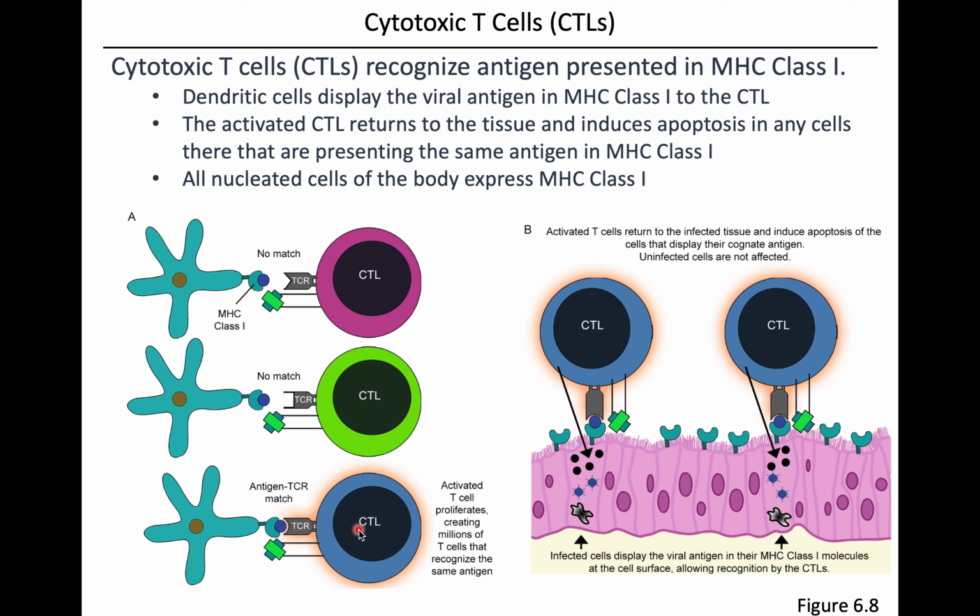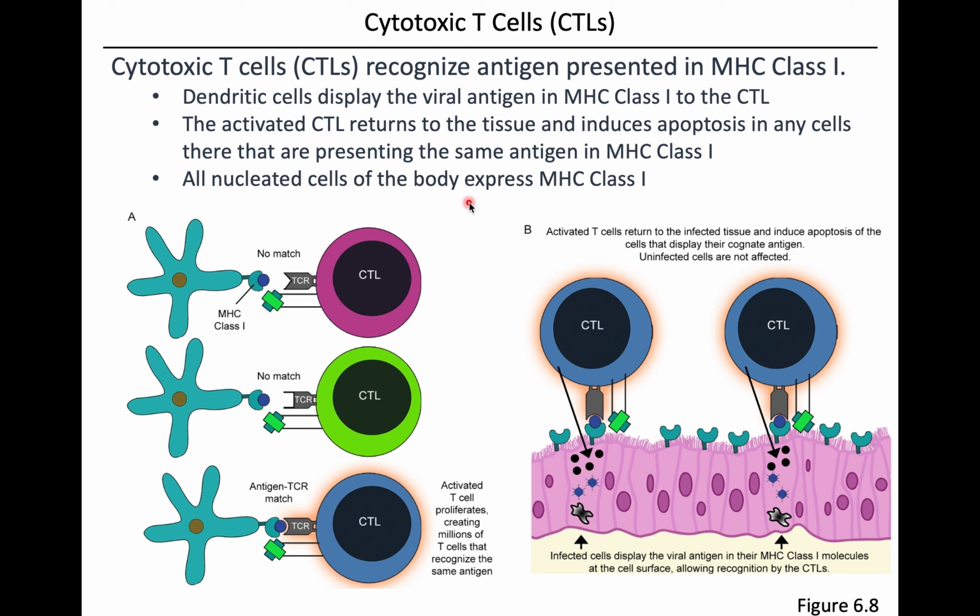And some of those T cells are going to return to the infected tissue. Remember, this kind of matching process is likely happening in the lymph node. So those new T cells that are produced, in this case cytotoxic, leave the lymph node, go to the infected tissue, and they are going to look for cells in that tissue that are presenting the same antigen using MHC class 1.